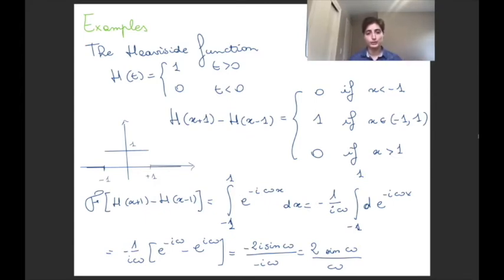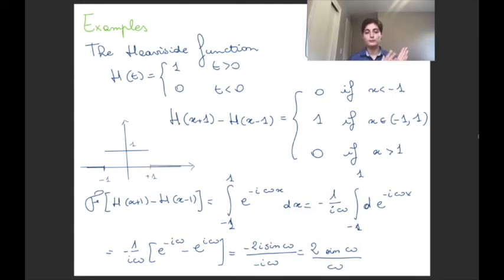You can either use the Euler formula for both, or remember that this is the definition of the sine of omega. So the Fourier transform of this step function that is non-zero between minus 1 and 1 is 2 sine omega over omega.